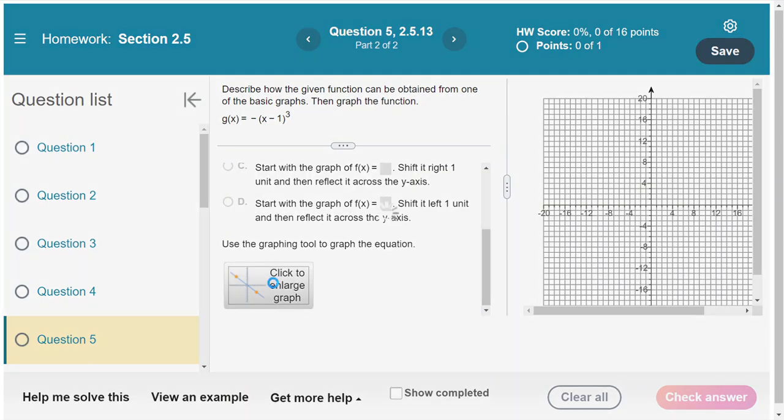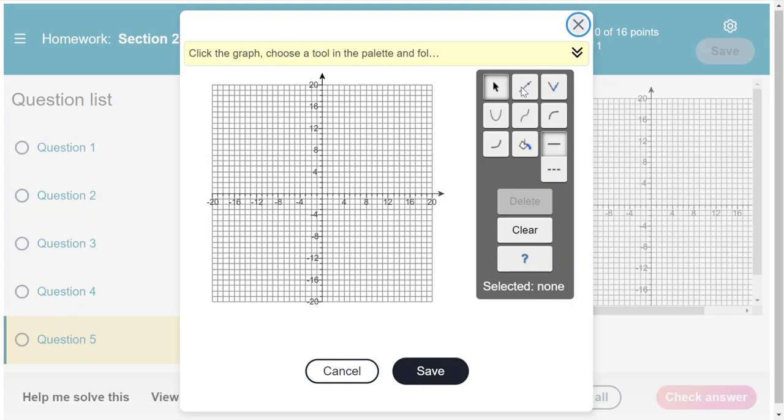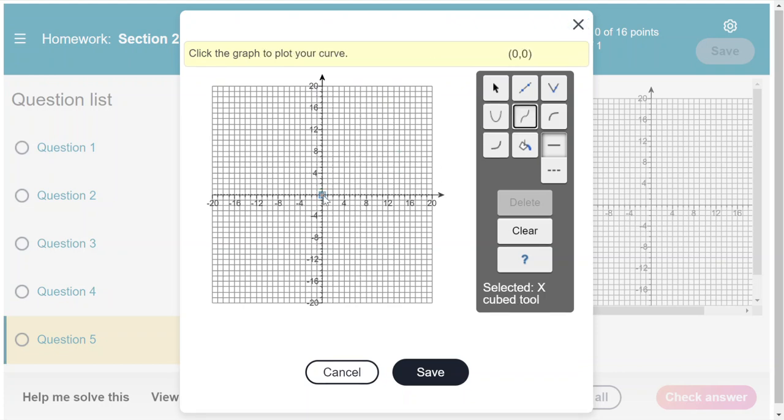Let's go ahead and click here. Now, from what I could see, you were putting in the graph of the basic function. So in this case, that would be y equals x cubed. It's going to be this template here. Let's see how this is going to work.